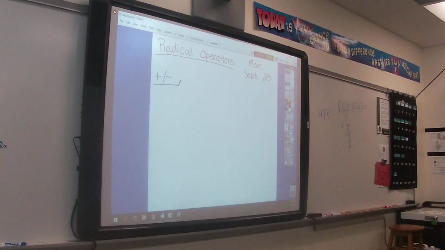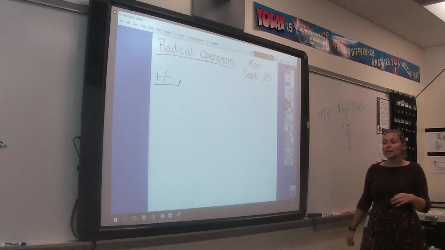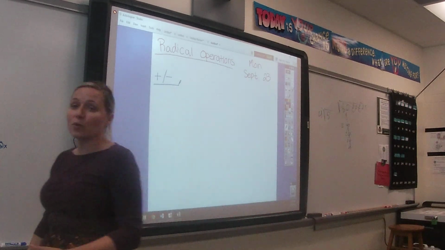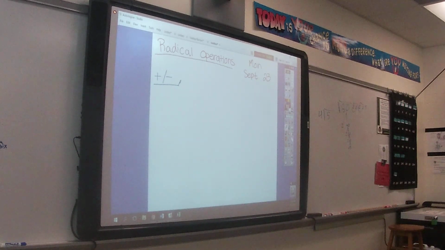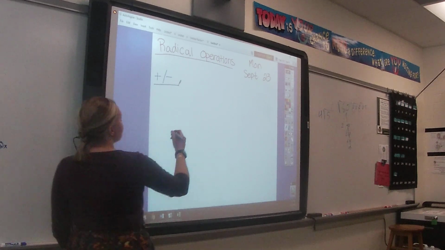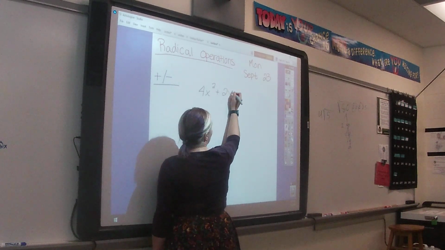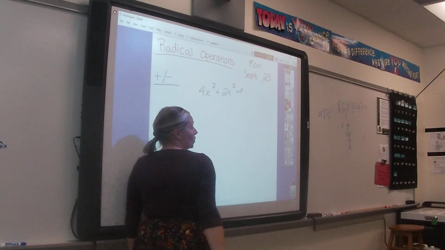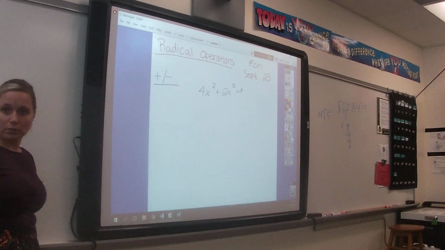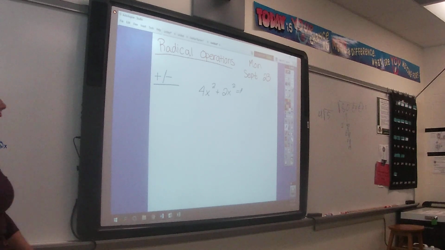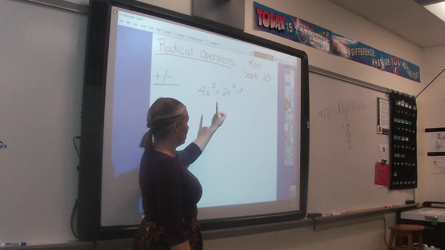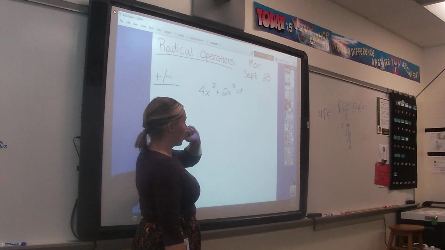So all of our properties of exponents are exactly the same as our properties of radicals. If we wanted to add something like 4x squared plus 2x squared, what did we do? Combine them. You do 6x squared.